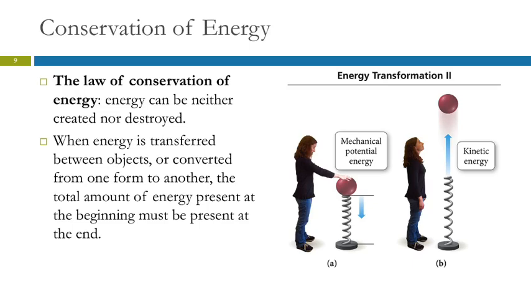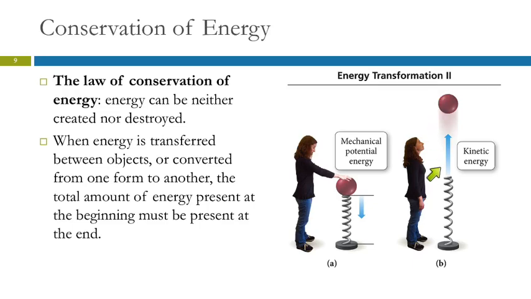Here we have an example of a woman pushing down on a ball that's sitting on a spring. As she pushes down, she's giving mechanical potential energy by compressing this spring. When she releases the ball, the spring springs up and pushes the ball into the air. The mechanical energy stored in the spring gets transferred to kinetic energy, the movement of the ball.